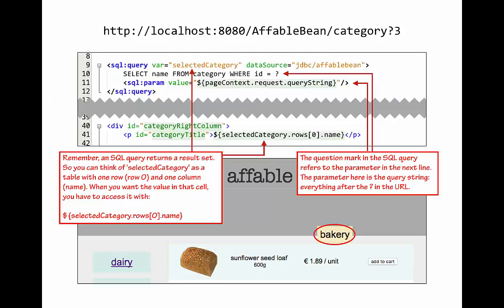Finally, we want to place the category name above the table. The SQL query you see here is different from the one we used to help create the previous table. This query is asking for all rows from the category table in which the ID equals the query string.